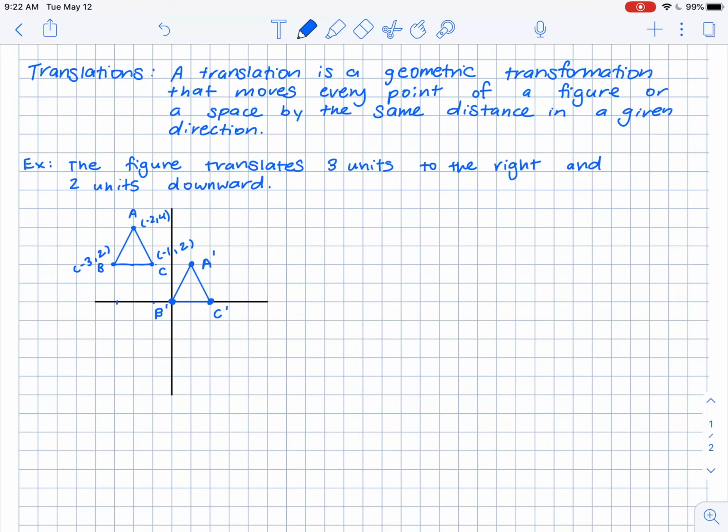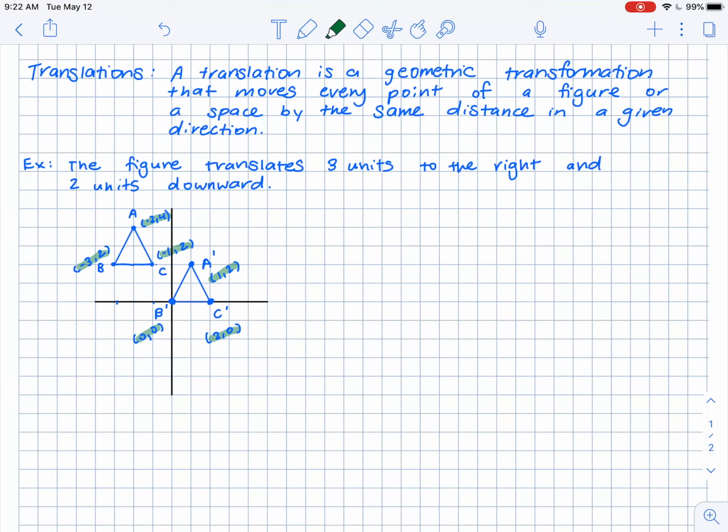Now my new coordinates are 0, 0, 2, 0, and 1, 2. Okay, so the first triangle, and then the second triangle. Now, hopefully you notice something about the coordinates.